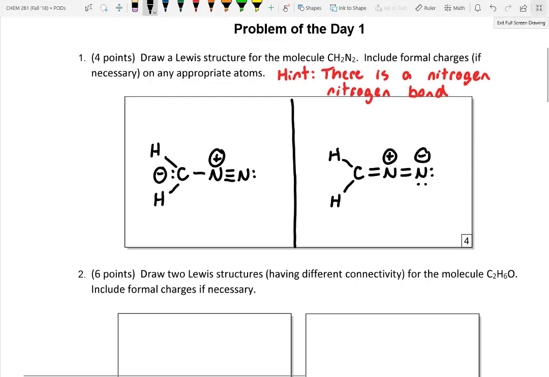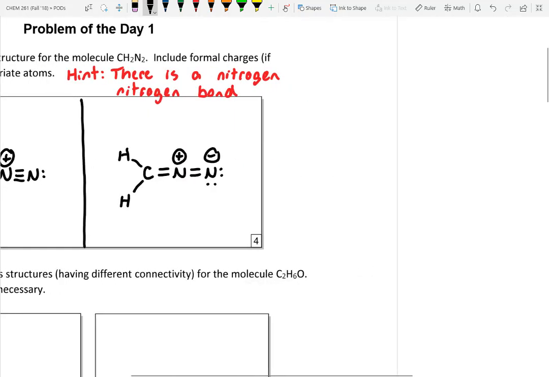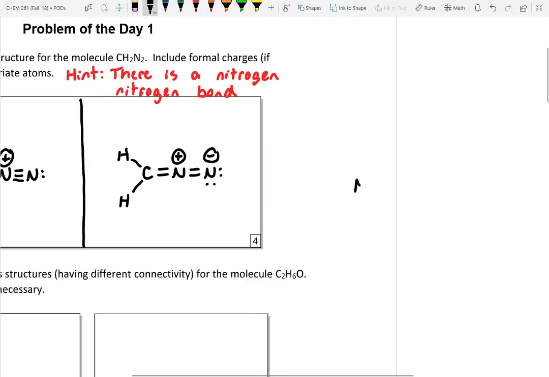All right, so let's, yep. The way I had originally done it was I had a hydrogen to a nitrogen, double bond to a carbon, double bond to a nitrogen, bond to oxygen. Okay, let me see if I'm getting this right. So you had something like this. This would also be acceptable.